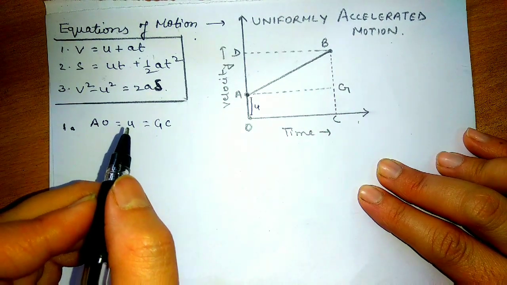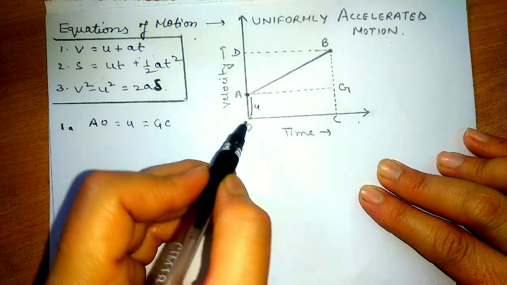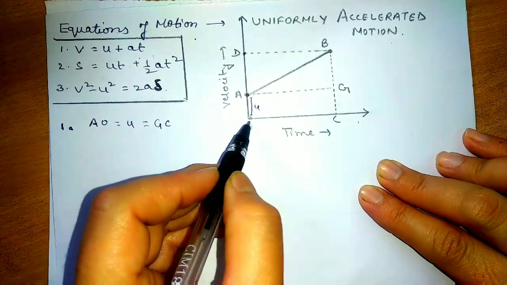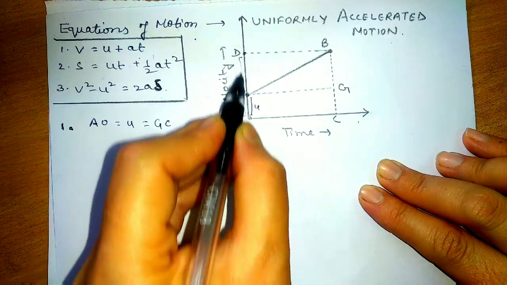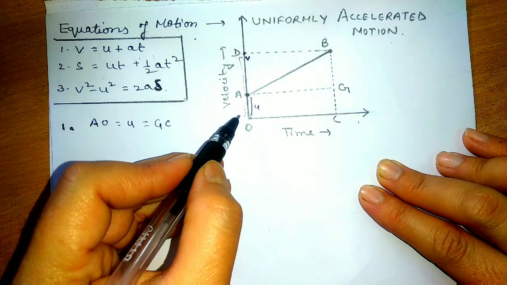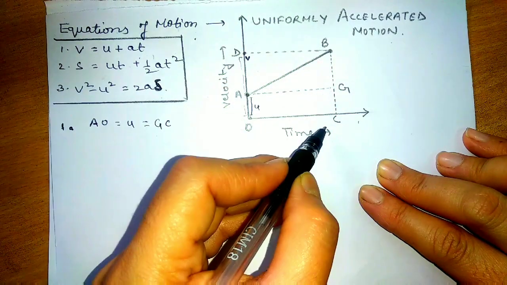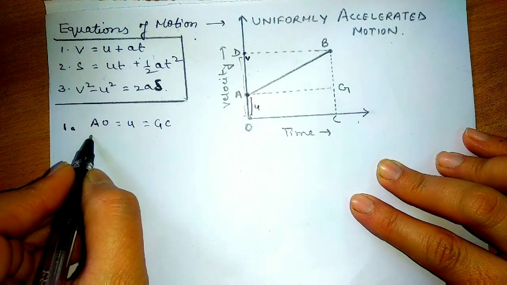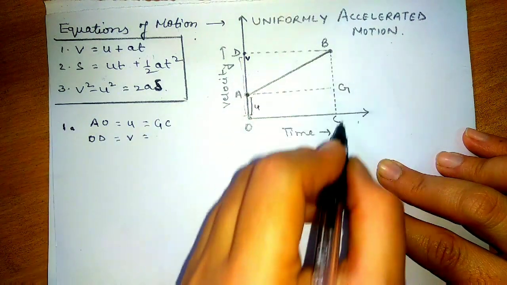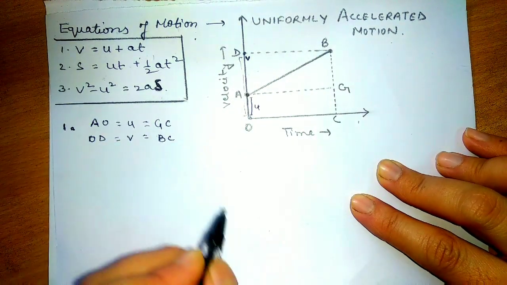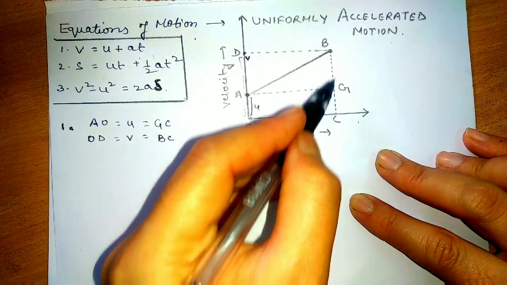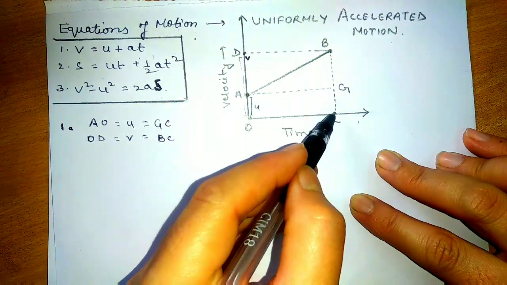Clear? Now if I go for final velocity, the final velocity means this reaches to this point, so this velocity is final velocity. That means OD distance. So this OD is equal to BC also. So final velocity is OD, which is V, and also equal to BC. Clear? So now I can write BC is equal to BG plus GC. Can I write this way?